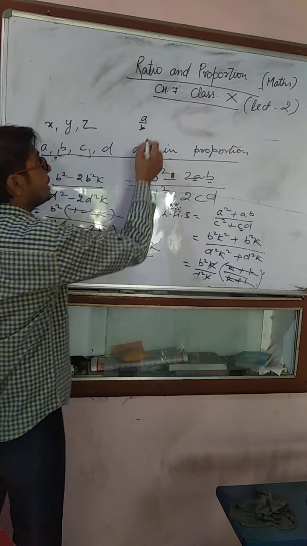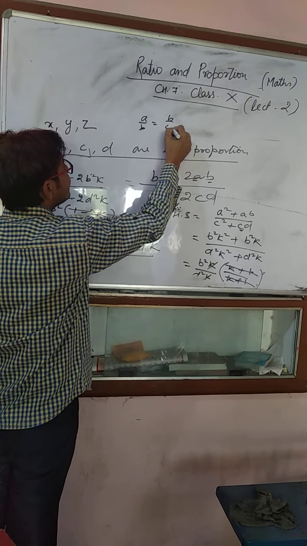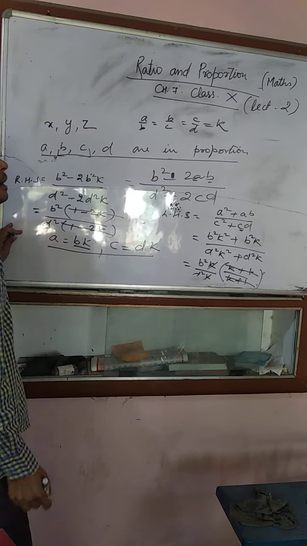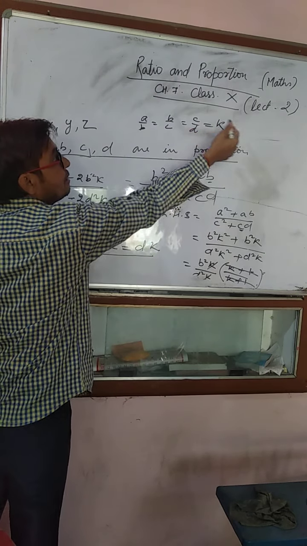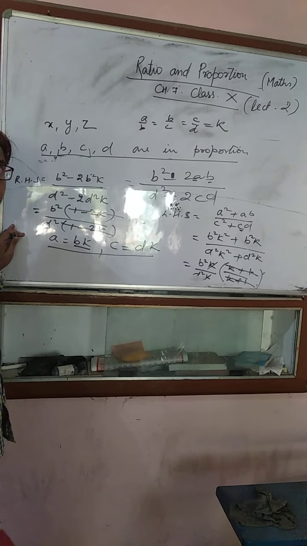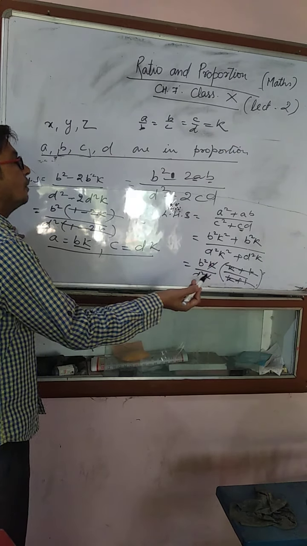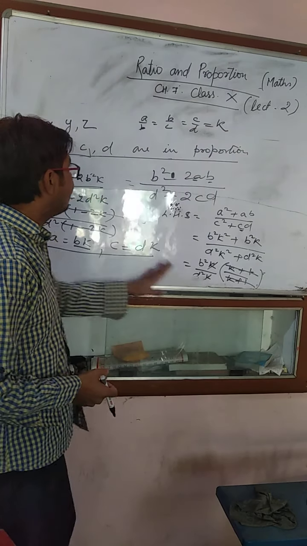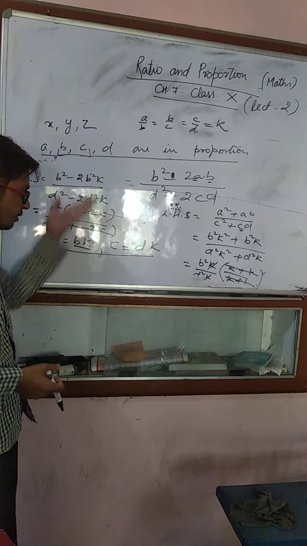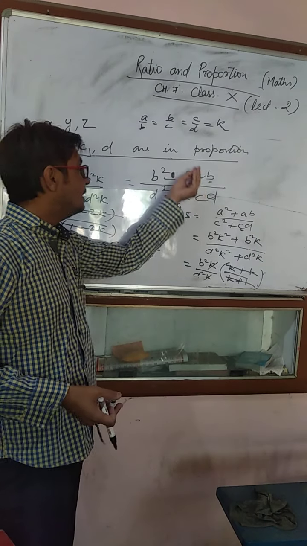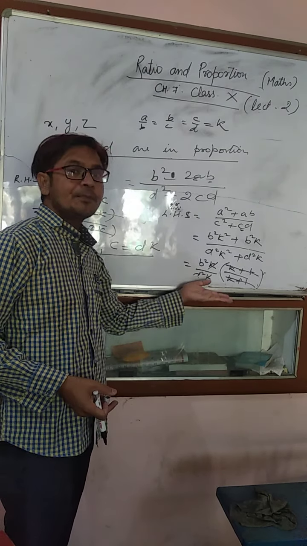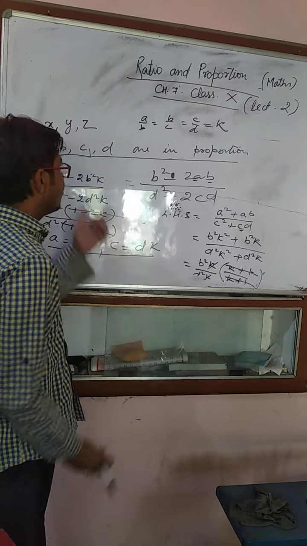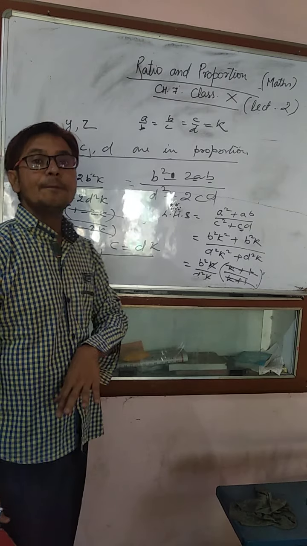After that you take k, and here a is equal to bk, b is equal to ck, and c is equal to dk. Then you solve. Whatever is given, consider k and substitute the value in LHS. After solving, you will get some value, and put it in RHS, you will get some value, and if the values are the same, then LHS is equal to RHS, then your question has been proved.